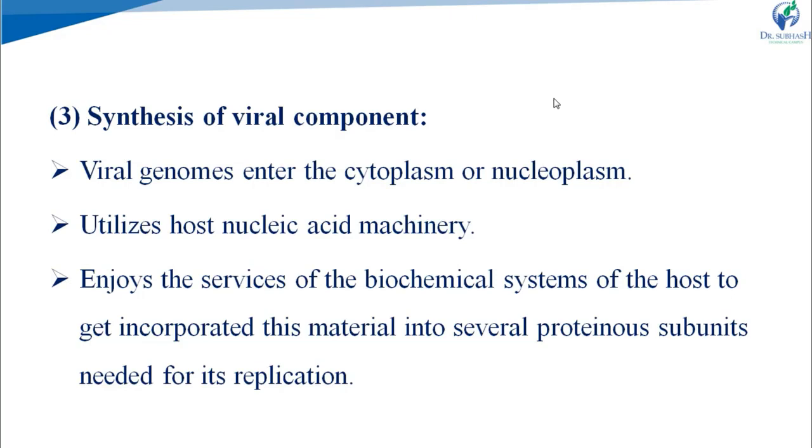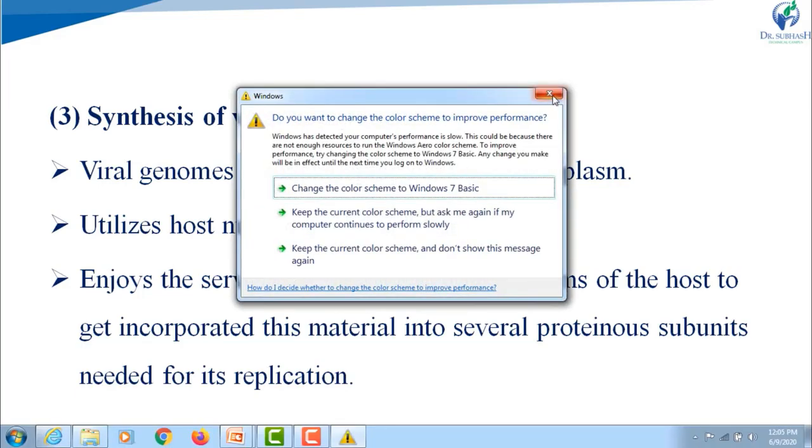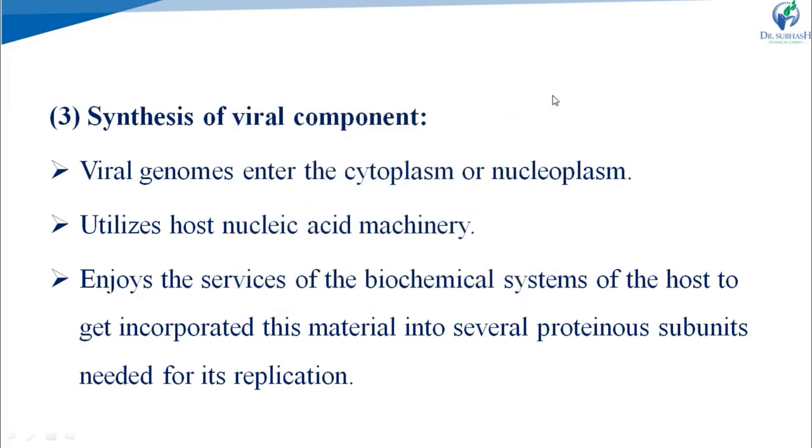It uses the biochemical system of the host to incorporate this material into several proteinous subunits needed for its replication. New viral cell formation requires nucleic acid as well as some protein molecules, and nucleic acid and protein synthesis of the virus is done using the host cell machinery.